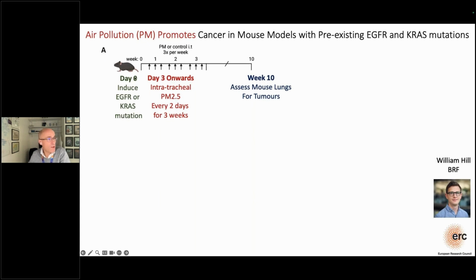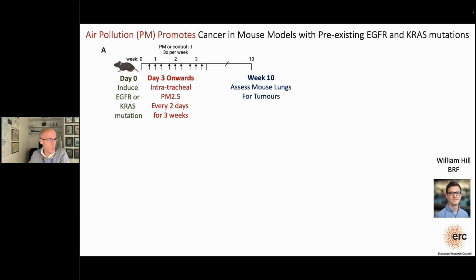We induce the mutation at day 0, and then we treat mice with air pollutants into the trachea, mimicking high levels of air pollution exposure in places like Beijing, from day 3 onwards for 3 weeks. And then we harvest the mouse lungs at week 10, sacrifice the mice, obviously, and then we count tumors. And we try to do this as ethically as possible and restrict the numbers of mice used as much as possible.